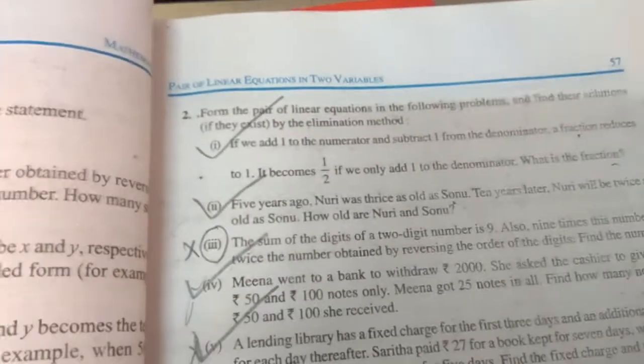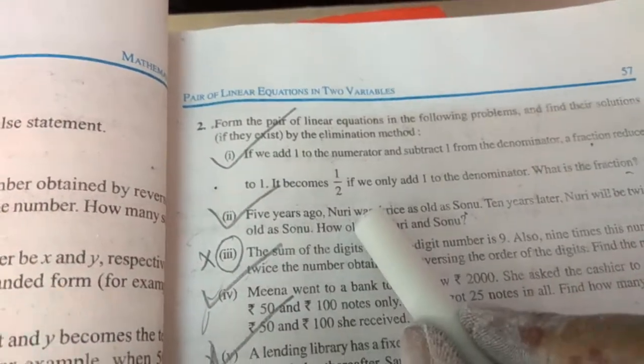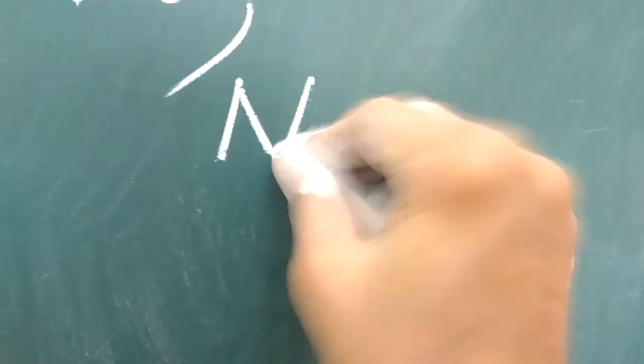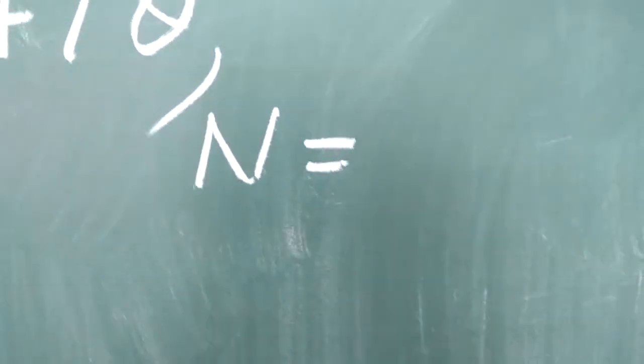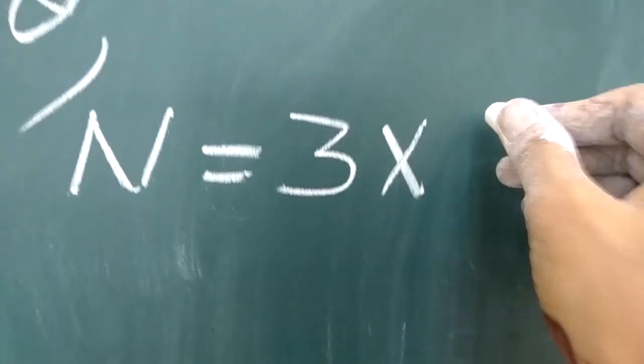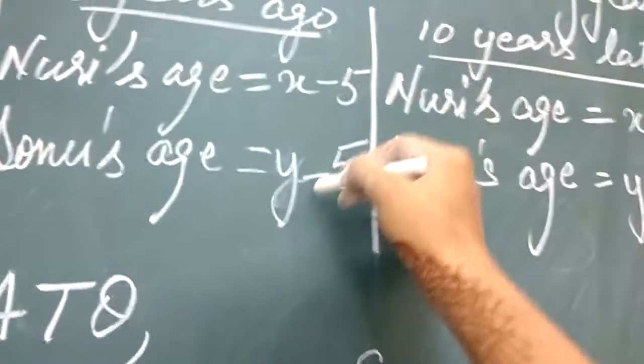So, let us read. 5 years ago, Noori was, for "was" you will write equal to, thrice as old as Sonu. So, Noori equal to thrice, means 3 times, multiply as old as Sonu. This is the 5 years ago age. So, you have to put these ages.